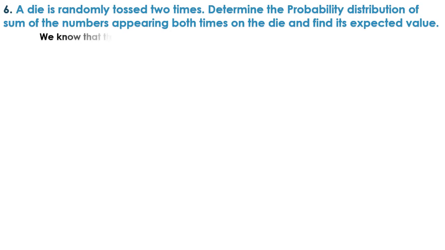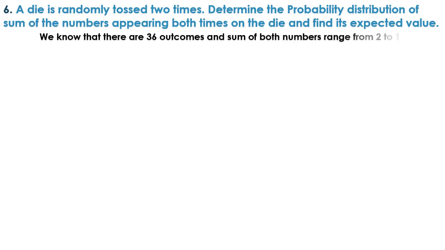Okay, so we know that there are 36 outcomes, that I just told you, and the sum of both numbers ranges from 2 to 12. I think in my previous tutorial, or a tutorial before that, I explained the whole distribution of these 36 outcomes, the probability distribution I just gave. So I am just going to paste it here.